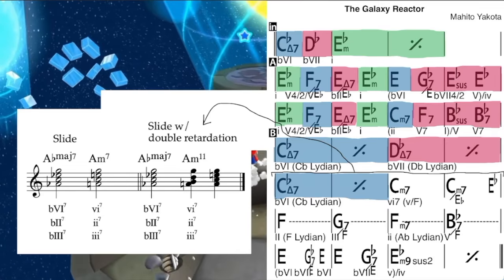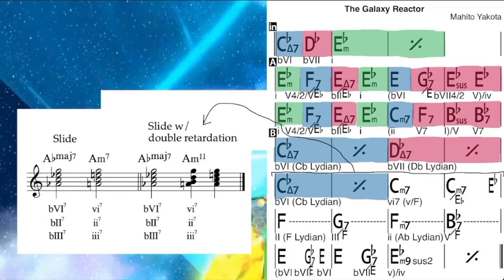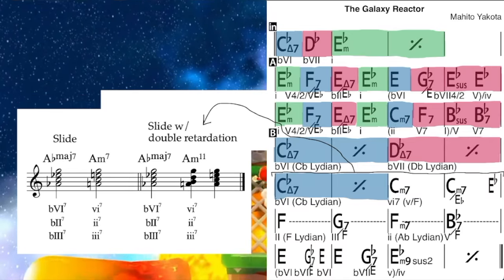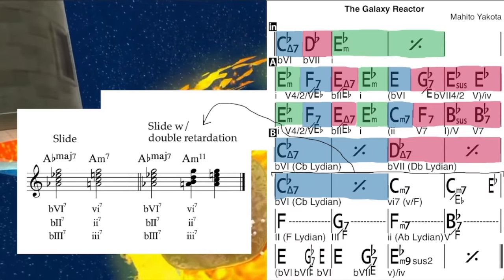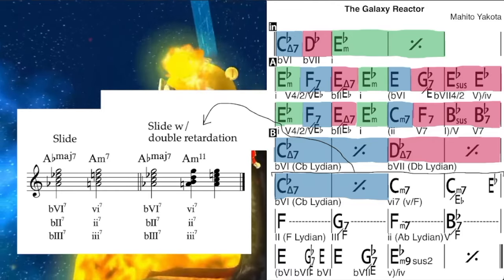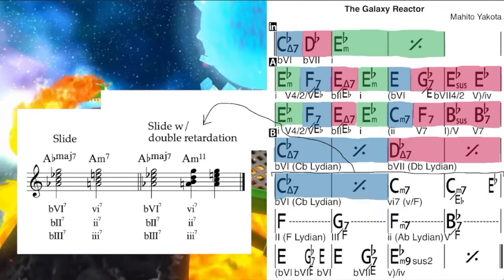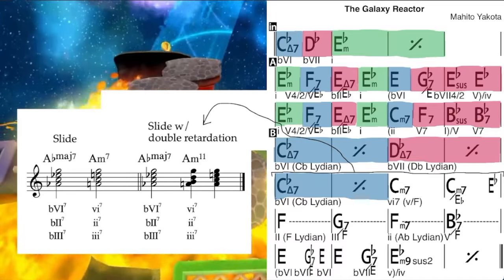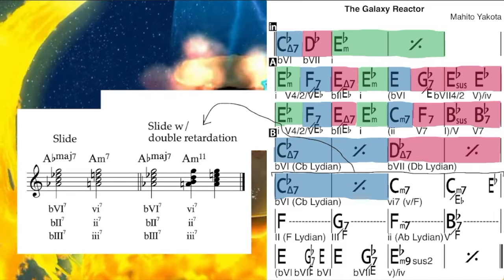And why would you use that double retardation? Well, this is what it would sound like without it. You get that parallel fifth. So if you use the double retardation, you don't have to deal with the parallel fifth. It completely gets rid of it, right?